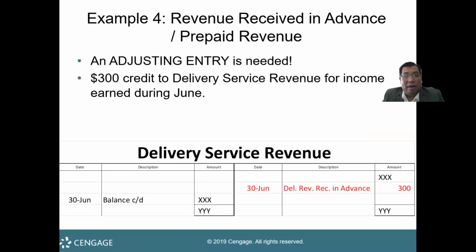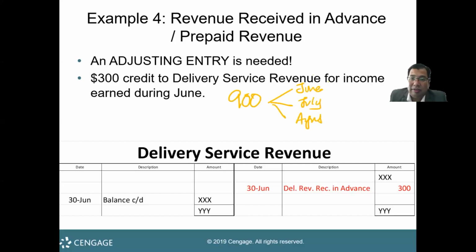So at the end of the month, we need to do some adjustment to our prepaid revenue or accrued revenue, whereby we should recognize $300, that is one third for 1 month, as our delivery service revenue. The 900 is for 3 months, June, July, and August.